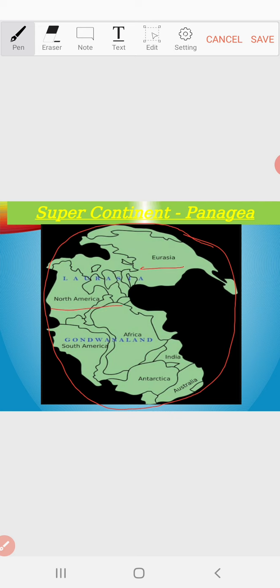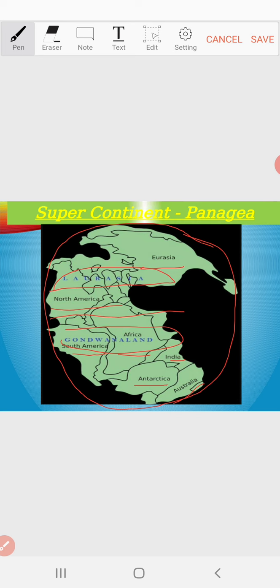Eurasia, North America, South America, Africa, Antarctica, India, Australia, all were united with each other, named as the supercontinent Pangaea. But due to the endogenic forces, what is the resultant? It splits up into two. Number one, Laurasia. Number two, Gondwana. Gondwana means the southern hemisphere. India is still there in the part of the southern hemisphere.